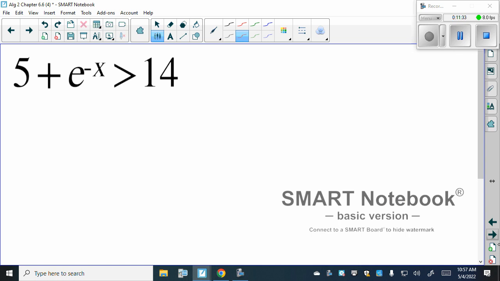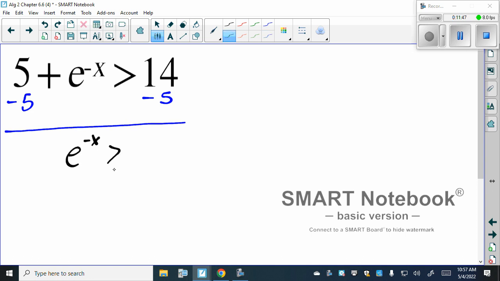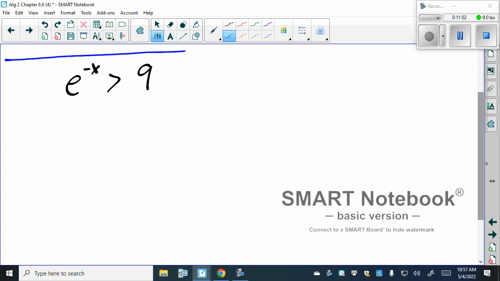Let's look at this one. What would we do first? Subtract 5. It tells us that e to the negative x is greater than 9. Then what? Natural log of both sides. So ln of e to the negative x is greater than ln of 9.